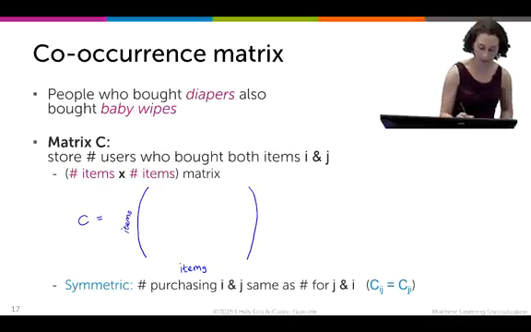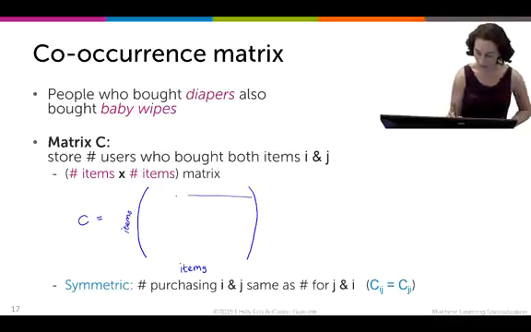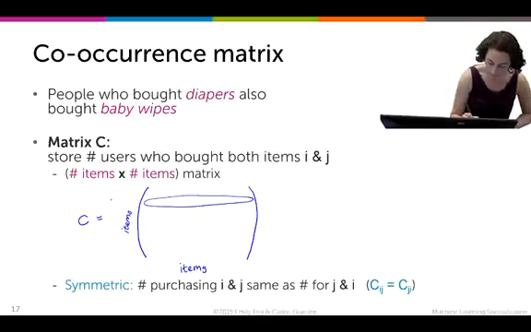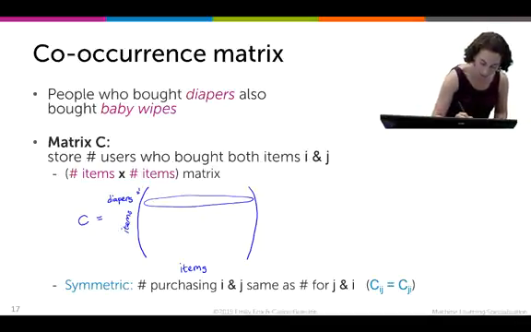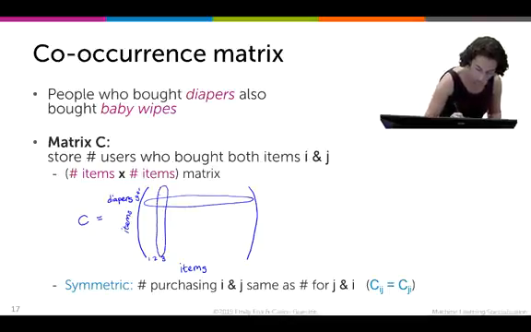So for example, maybe this row of the matrix is the row corresponding to diapers. If this is, let's say, the third row, then the third column of this matrix corresponds to diapers as well.